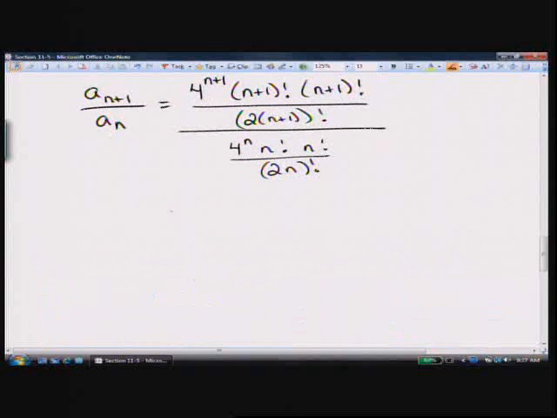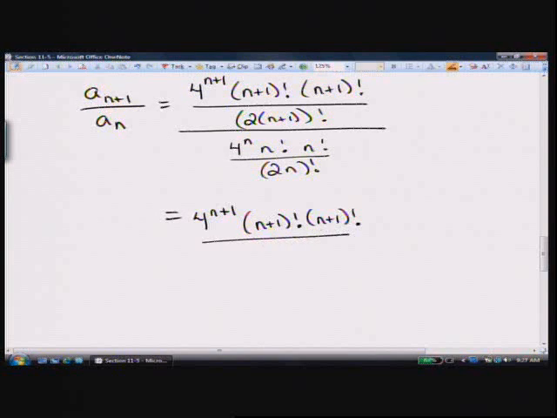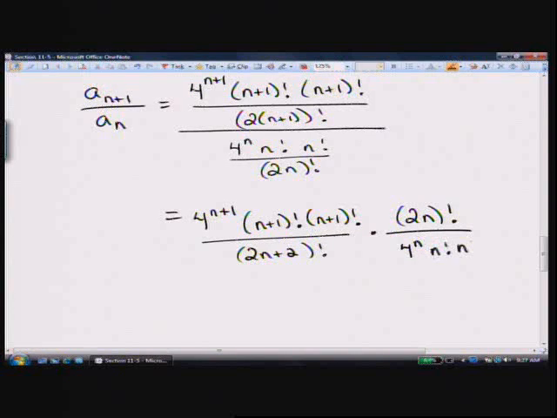All right, so I'm going to flip this and then do some thinking. 4 to the n plus 1, n plus 1 factorial, n plus 1 factorial, over, I'm going to distribute that out, 2 to the n plus 2 factorial times the flip, which is 2n factorial. Now here's my 4 to the n, and then an n factorial and an n factorial.